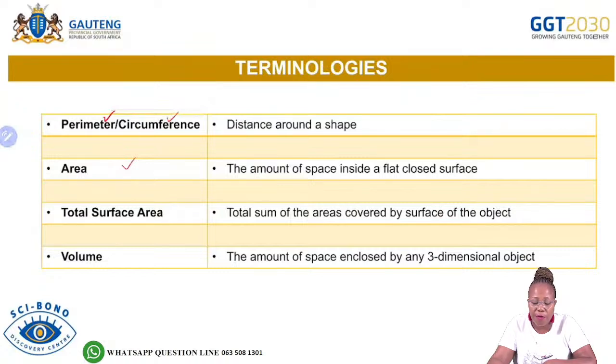The total sum of areas covered by the surface of the object, we call it a total surface area. And then the volume is the amount of space enclosed by any 3-dimensional object. That means it forms a container where you can pour some liquid or some quantity inside that particular container. The amount of space inside that container is a volume.